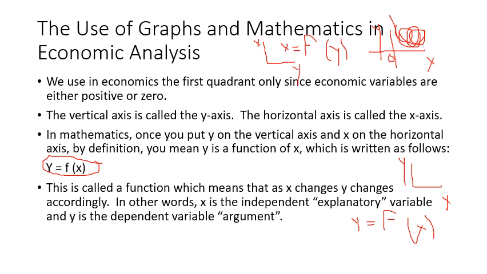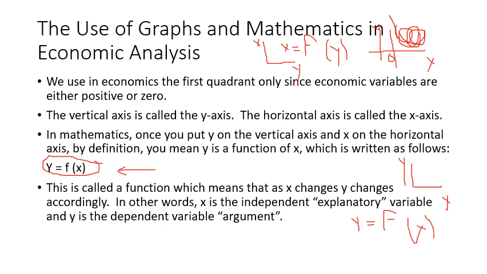When I say y is a function of x, I mean that x and y are related, and the type of relationship is that when x changes, y changes accordingly. يعني لما x بتتغير، y بتتغير بالتبعية. Remember, here in this function, I am measuring y vertically and x horizontally. And that's y is a function of x.